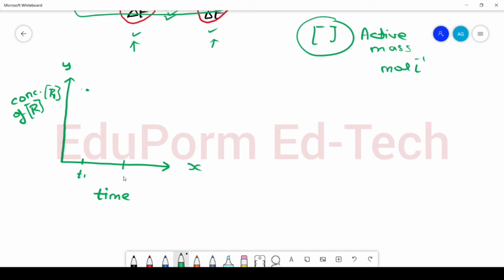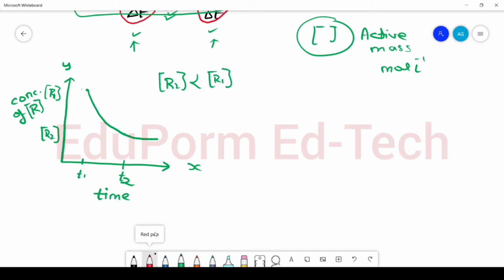Now let's say the time increases and it reaches T2, and at time T2 the concentration of reactant was R2. And here we can see the decrease in concentration of the reactant with respect to time. That means as the time moves on, the concentration of reactant decreases. So the final concentration, R2, is smaller than the initial concentration, R1.